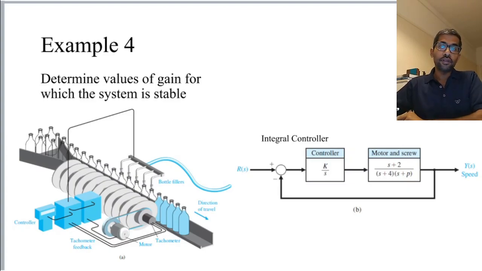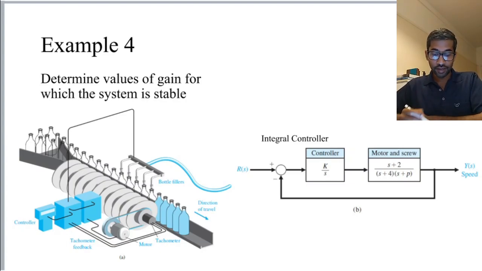Hi, let's continue to look at examples where we are trying to evaluate the stability of different systems. In this slide, we have a system that controls the speed of this bottle filler plant.